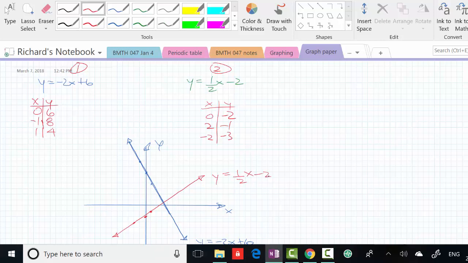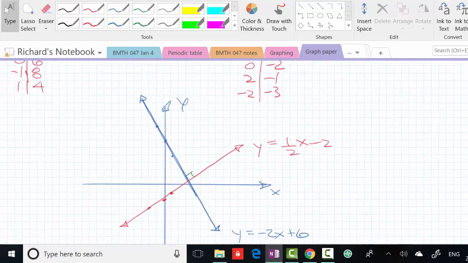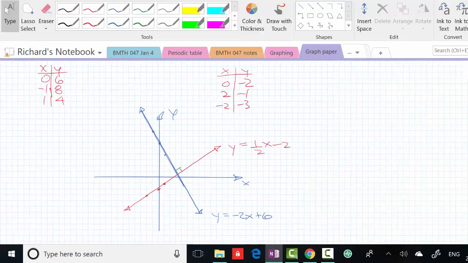Now it turns out that the graphs of these two equations are perpendicular to each other. They are at right angles, and that is because they have negative reciprocal slopes. The graph of the first equation has slope m1 of minus 2.